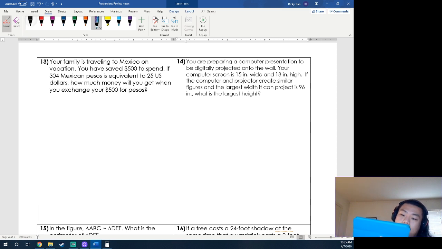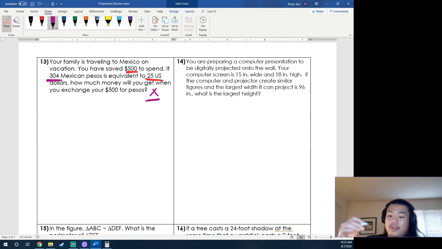So let's first match what's with what. Okay, so $500 should be matching with the 25 US dollars, and 304 Mexican pesos is going to be matching with your X because we're trying to figure out how much money this is actually worth. So we'll set it up.